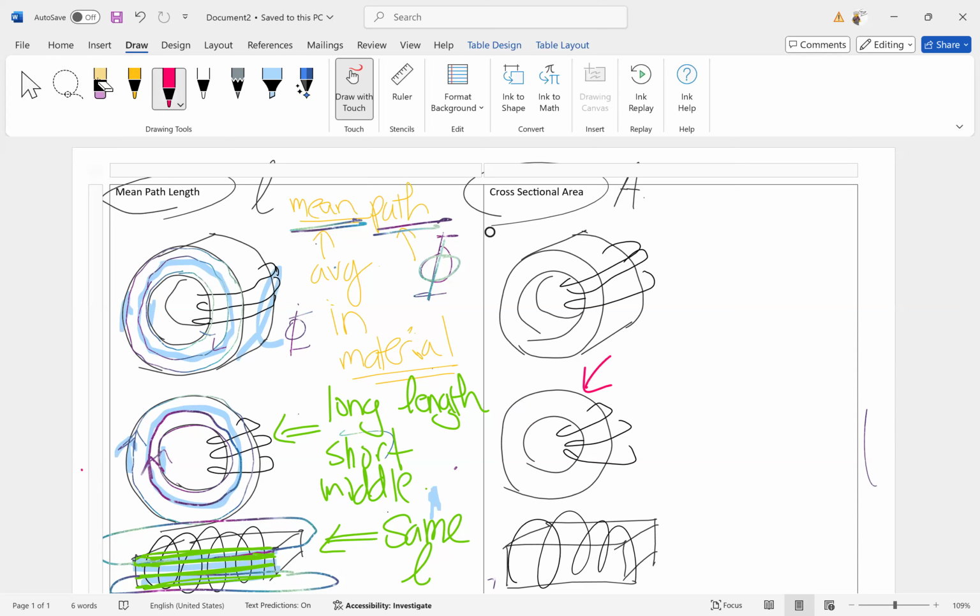Similar to this one, the cross-sectional area is a plane. It's area planar, if that's how you like to think about it.